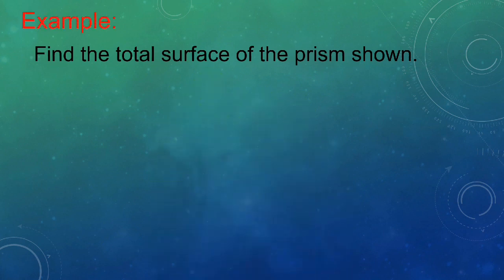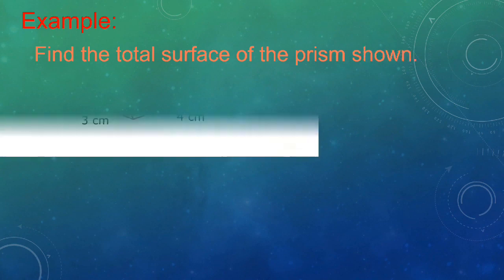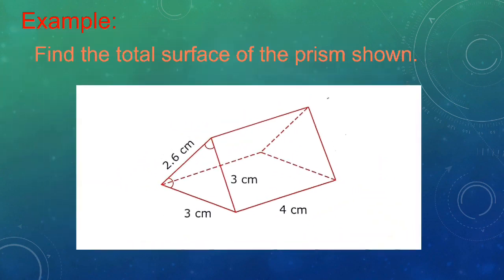Let's have an example. Find the total surface area of the prism shown. Okay, this one, we have a triangular prism and we are going to find its surface area.